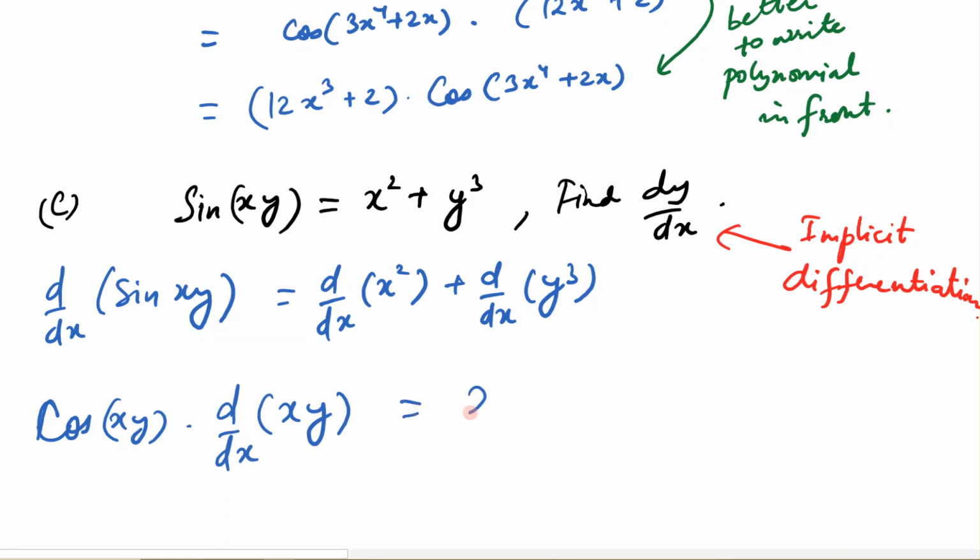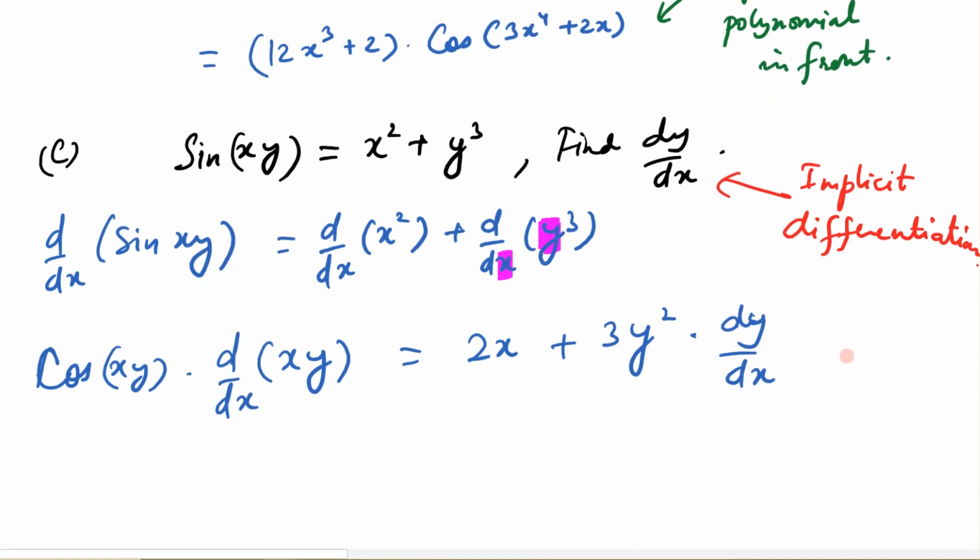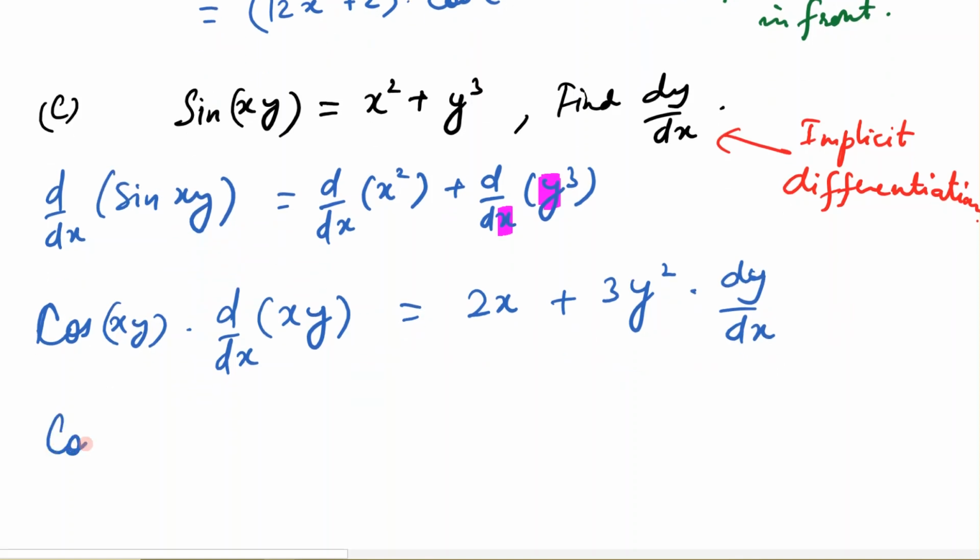On the other hand, we have 2x, and for the y term, you're going to do 3y squared, and since we have x here and y here, these are different, so we need to use our chain rule, dy over dx. All right, so now we have cosine xy, and here we need to use the product rule.